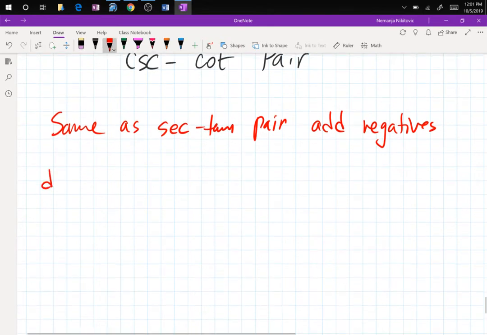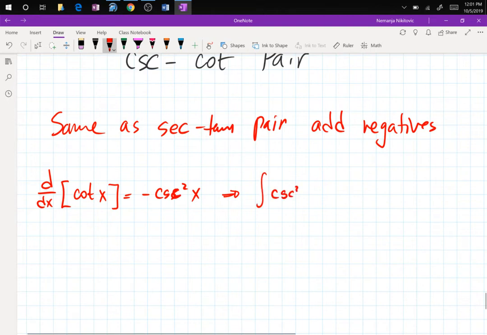Because your derivative of cosecant, well, let's go with the cotangent first. The derivative of cotangent x is negative cosecant squared x, which gives you that the integral of cosecant squared x dx is negative cotangent x plus c.